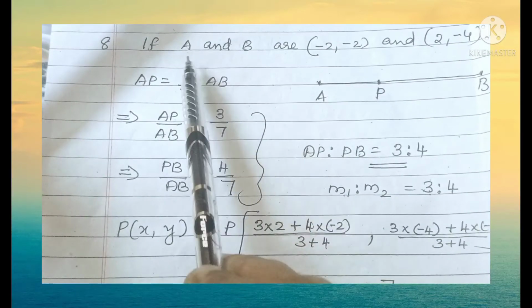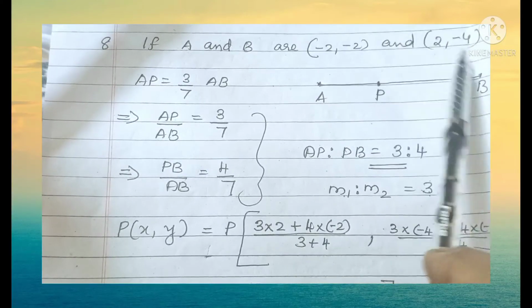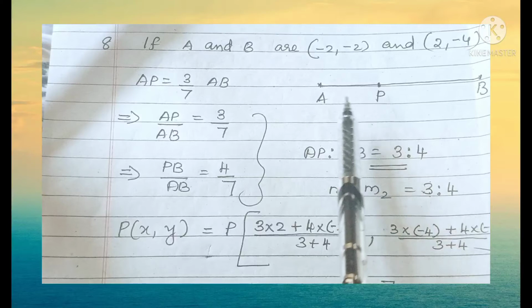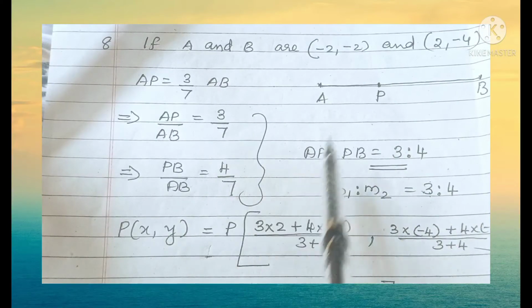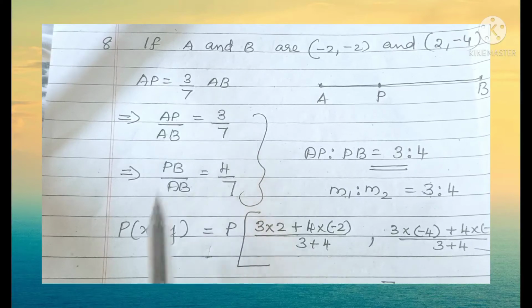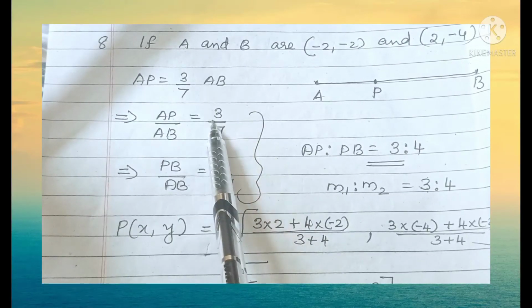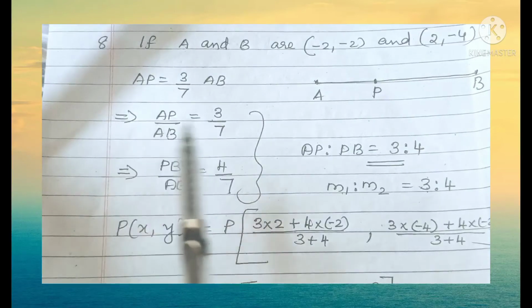Then 8th question: if A and B are having coordinates (-2, -2) and (2, -4), find the coordinates of P such that AP is equal to 3 by 7 AB. From this we can write AP by AB equal to 3 by 7.